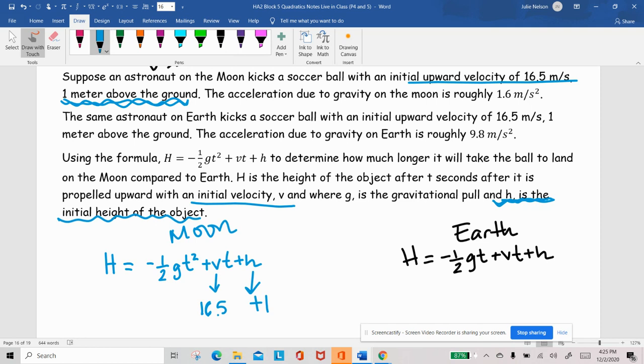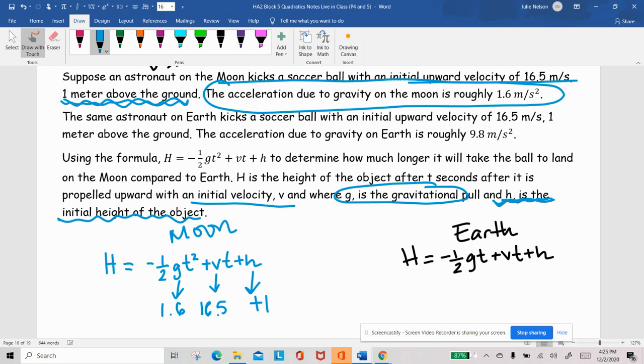It says the acceleration due to gravity of the moon is roughly 1.6 meters per second squared. So acceleration of gravity, that looks like it's g. So I'm going to replace the g with 1.6.